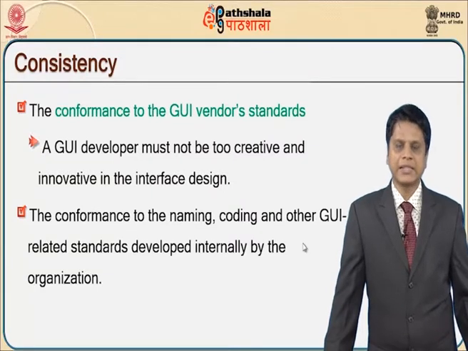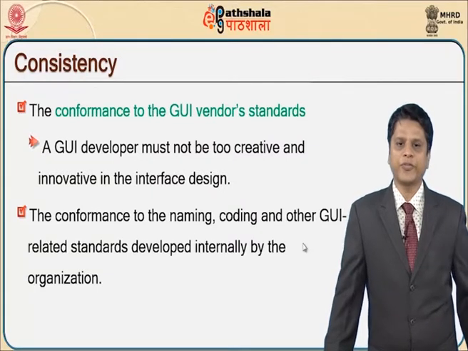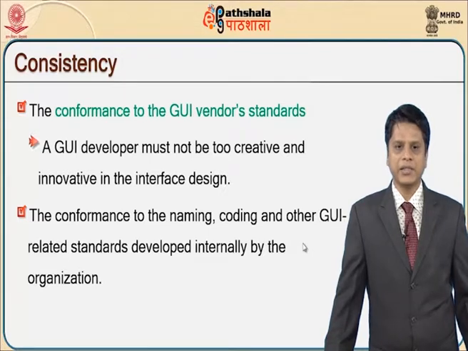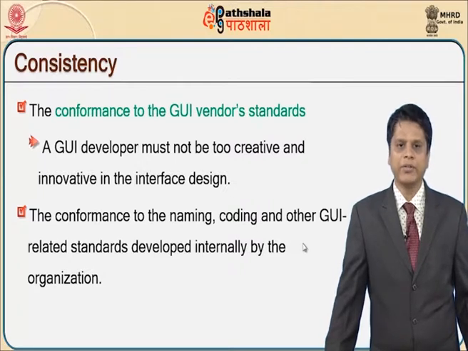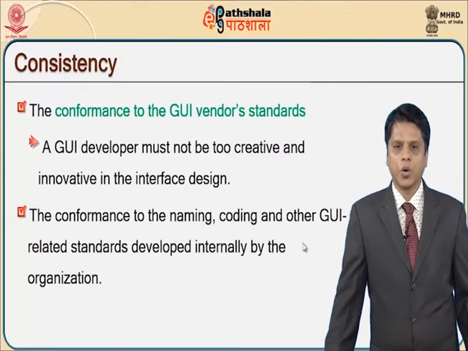And if you look at consistency to be maintained, there is conformance to graphical user interface vendor standards. A graphical user interface developer must not be too creative and innovative in the interface design. There is conformance to the naming, coding and other GUI related standards developed internally by the organization.